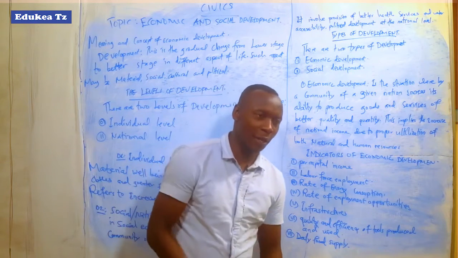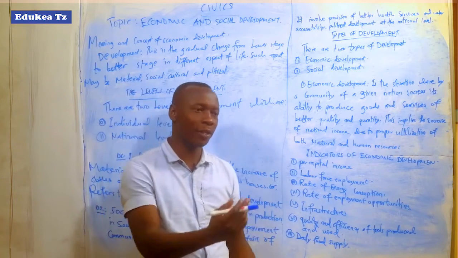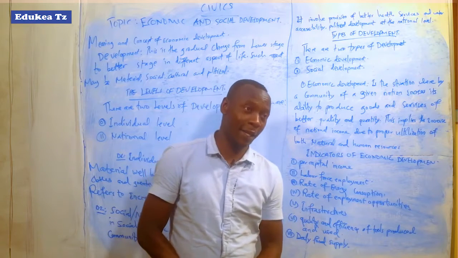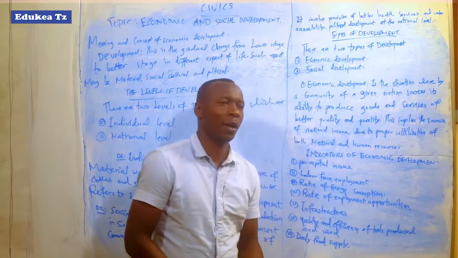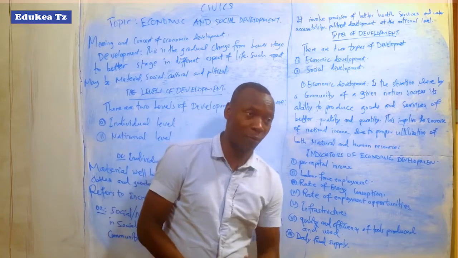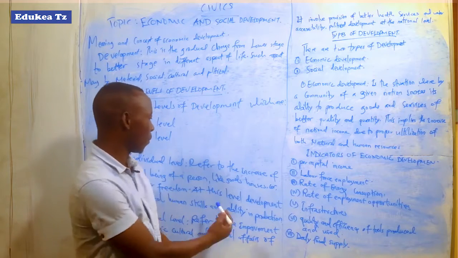So individual level of development means the gradual changes which exist at a personal level. Changes to own a major means of production and something which has a value, like cars.